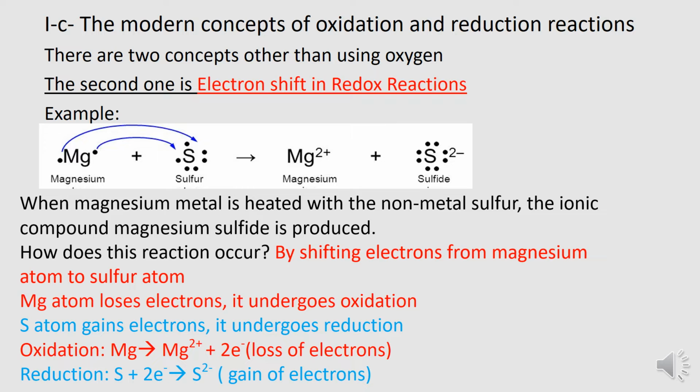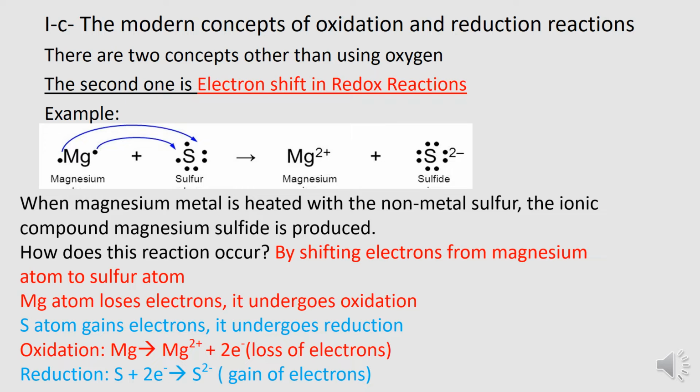The 2 electrons, we write them on the product side. We never write magnesium minus 2 electrons to give magnesium 2 plus. So you write the electrons on the product side. It means oxidation, loss of electrons.